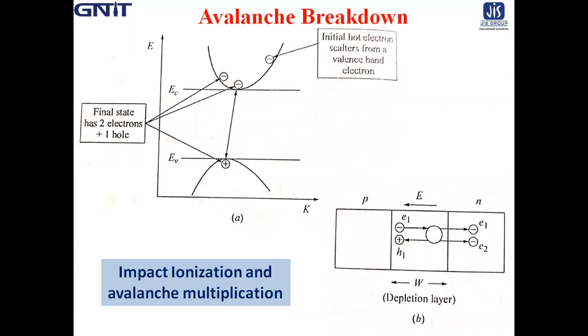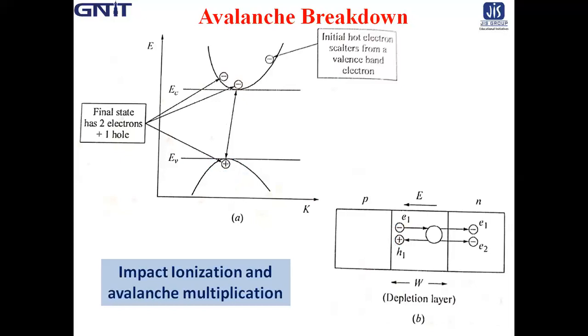The initial electron moving with very high energy, called hot electron, transfers its energy during impact with bound electron to bring the valence band electron into the conduction band, thus creating an electron hole pair.